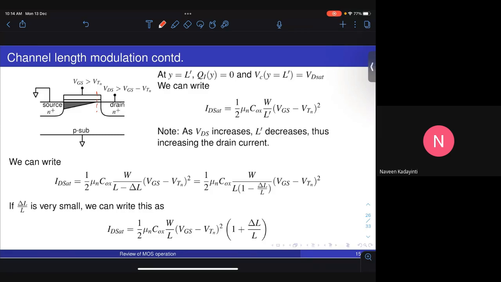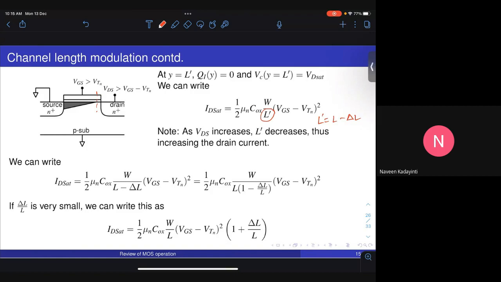So we can write Id sat as 1 by 2 mu n Cox, and instead of W by L, we write W by L dash because the length of the channel has reduced from L to L dash, where L dash is L minus delta L, into Vgs minus Vt, the whole square.